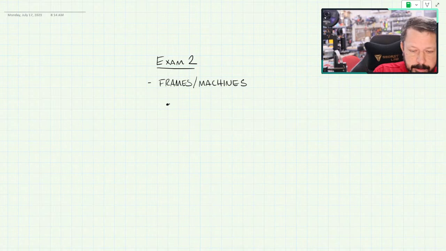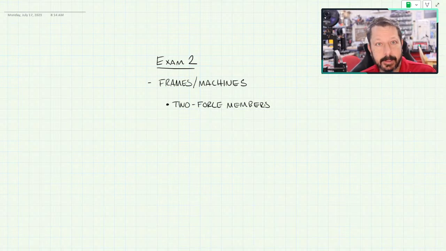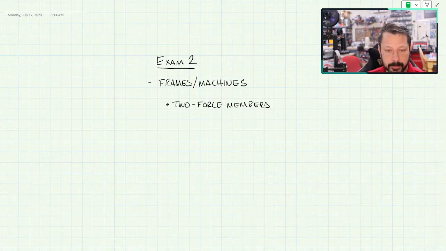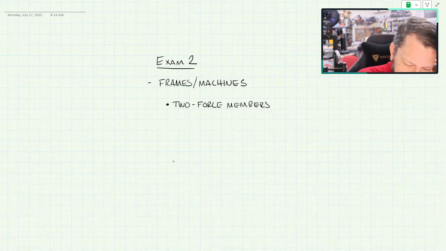2 force members. There might even be some questions about 2 force members, identifying them. Certainly for some of the frames or machines, when you solve them, you might have to know how to identify a 2 force member and what it means to be a 2 force member. Remember, lots of members in there.